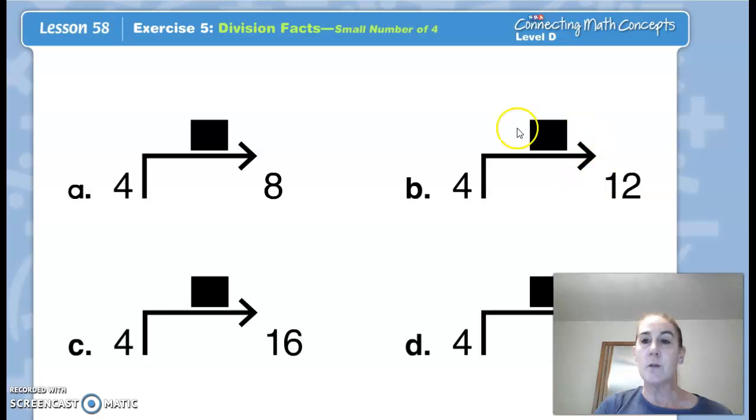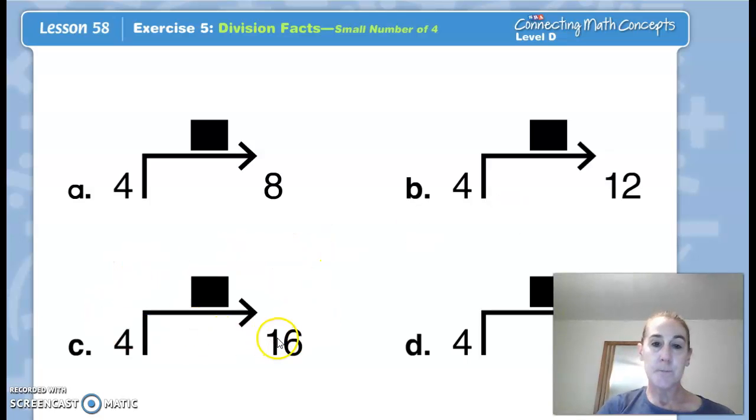Okay, the other way you can do this, if division is tricky for you, is to turn it into a times problem. So that would look like this. 4 times something equals 12. Then you could do your skip counting. 4, 8, 12. I skip counted 3 times, so I know that 4 times 3 equals 12.